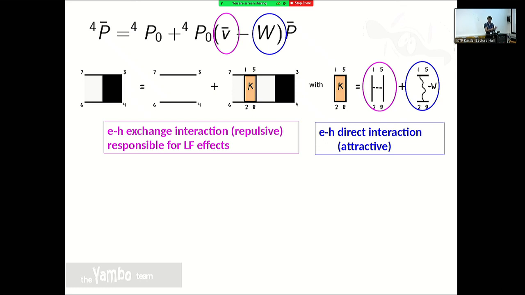So the Hartree term is the direct interaction term, the classical term in the electron world. When you shift to the electron-hole world, it becomes the exchange term. And instead, this W comes from the derivative of the screened exchange. So the Fock term, or the screened Fock, is the exchange term in the electron language. Now we move to the electron-hole language, and this becomes the direct term for electrons and holes.